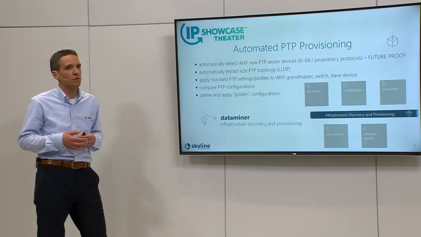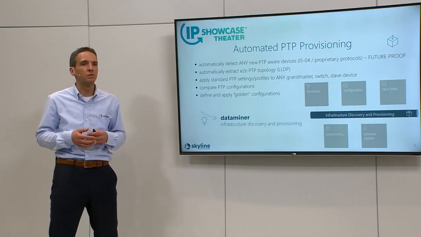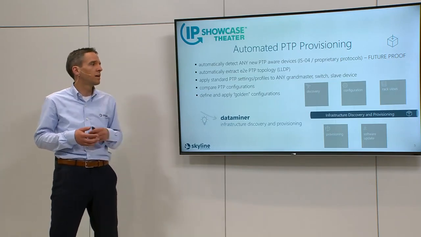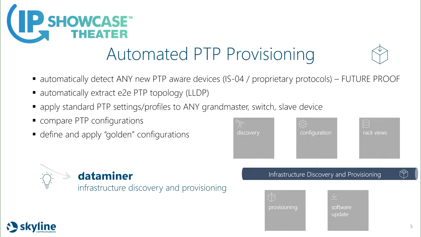And next step, once you know where those devices are and who those devices are, you want to apply your standard default settings. That might be the PTP domain, priorities, the intervals. You might have golden configurations, and you apply them automatically to all of the PTP-aware devices. And last but not least, compare PTP configurations.